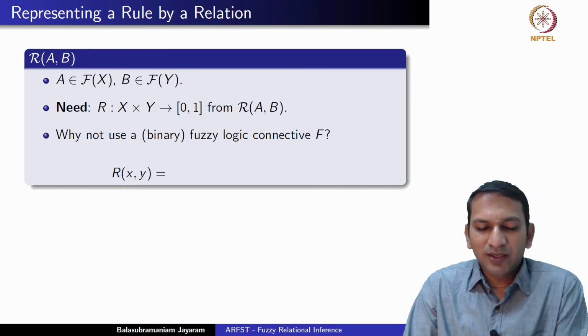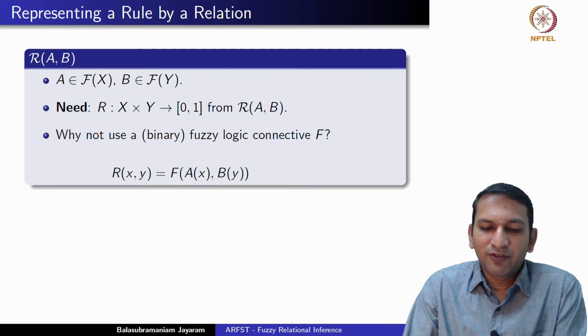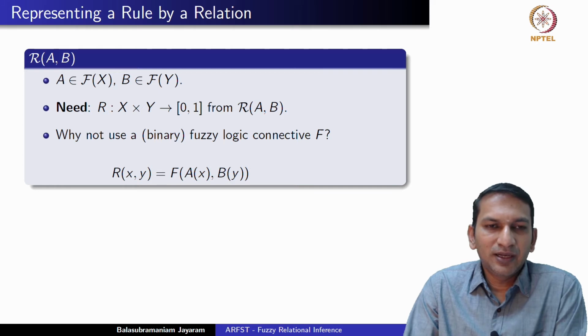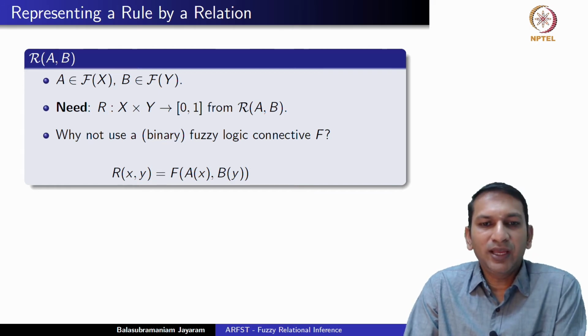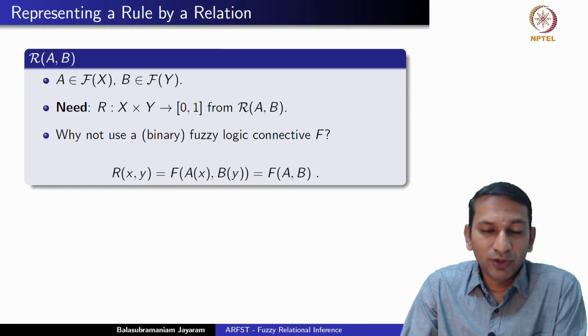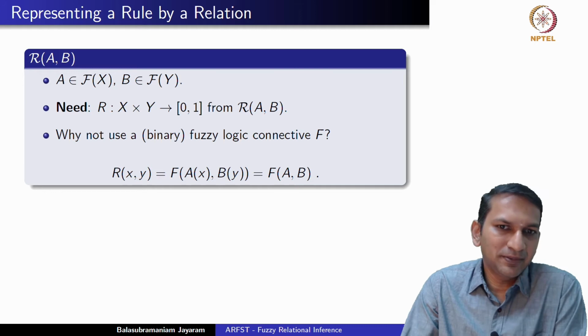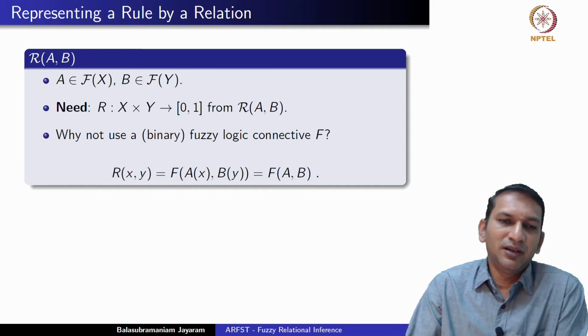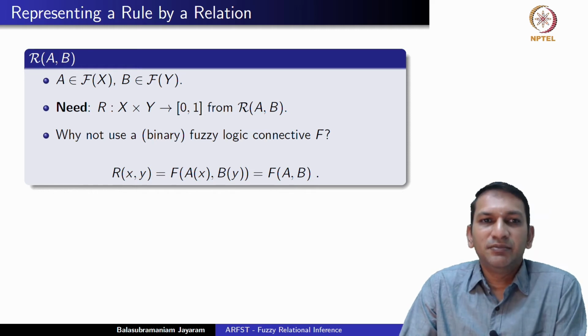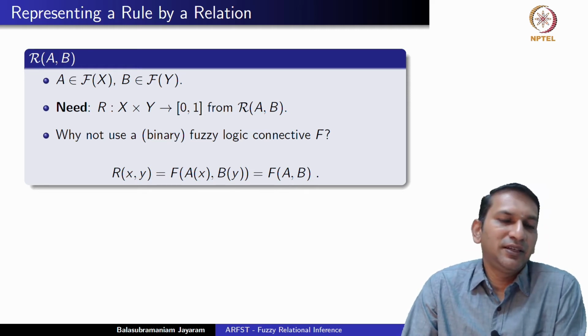So R of xy can be obtained from some fuzzy logic connective F evaluated at the membership values of x in A and y in B. In a shorthand notation, we will also, going forward, write it as F of A comma B. This is something that we have seen earlier too. When we write min of A comma B, essentially we are taking the minimum of A(x) comma B(y).